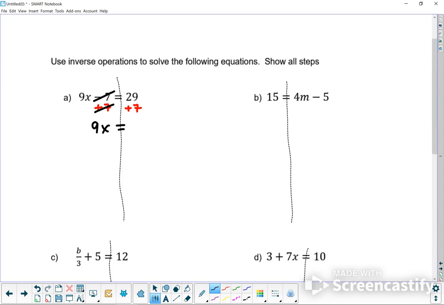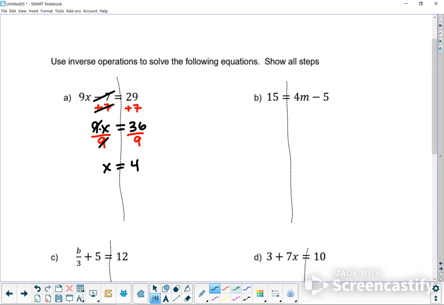Okay, 27 plus 7 is 36. And now we're going to do the inverse operation of multiplication by 9. So instead of multiplication by 9, we're going to divide by 9. Okay, and that inverse operation is going to cancel this out, and we're going to be left with x equals 36 divided by 9. If you don't know it, it's 4.